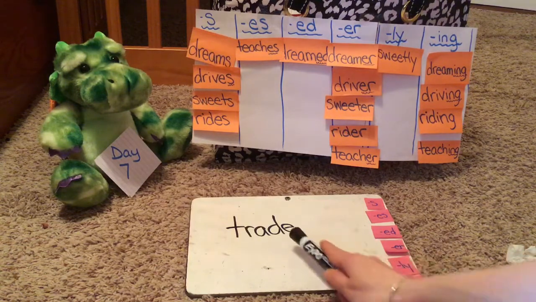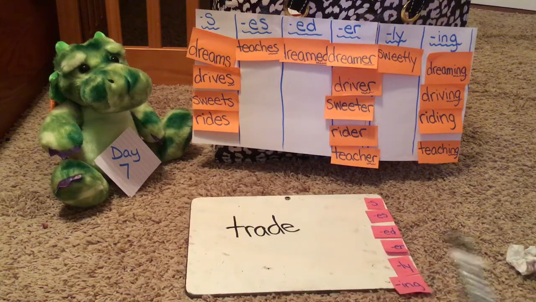So remember, notice what this one ends with. And then look what the ending is that you're adding onto it. If it ends with a vowel and then the new ending starts with a vowel, remember you have to drop that silent E. So trades.